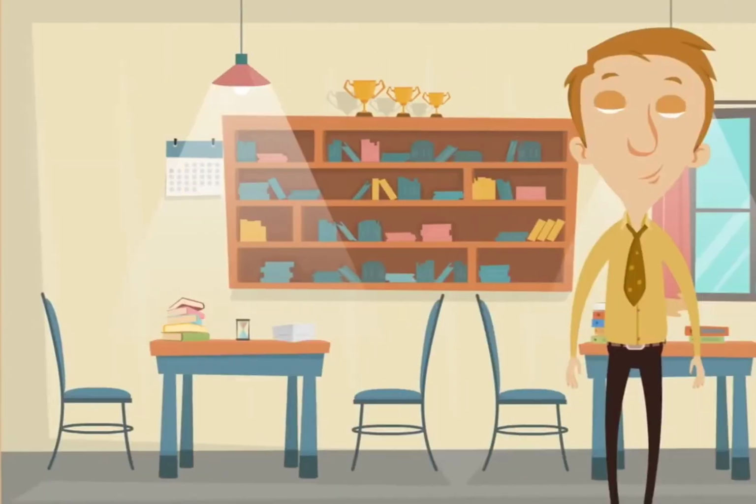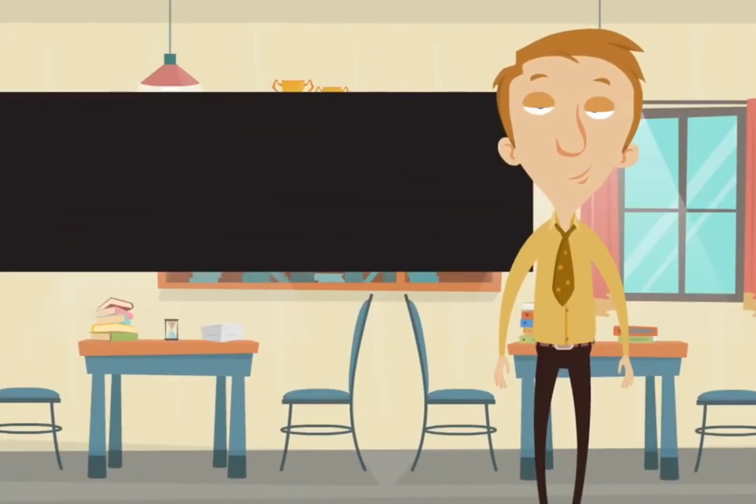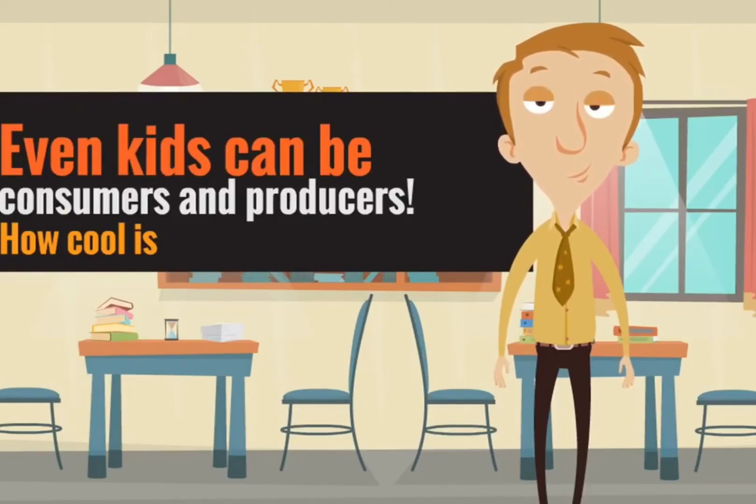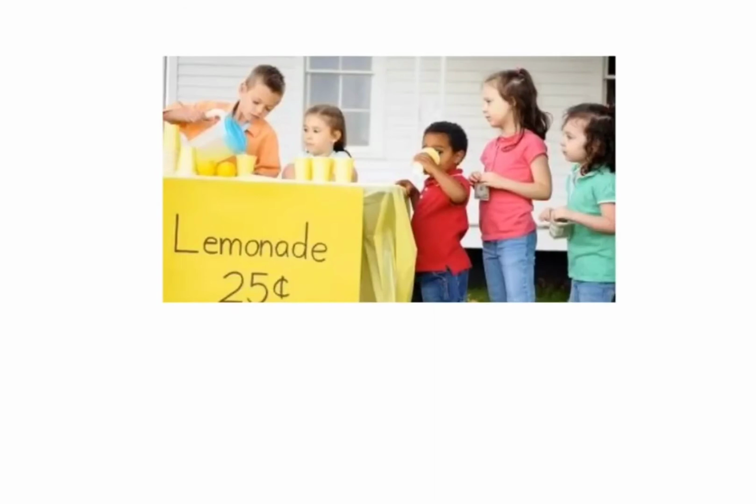You might not know this, but did you know even kids can be consumers and producers. How cool is that? Here we've got a picture for you to look at, and we're going to need your help. You see, in this picture, the kids are either producers or consumers.